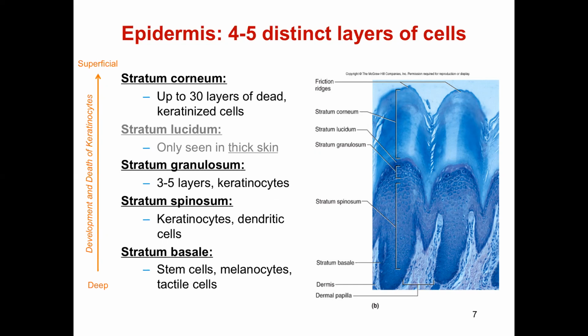And then over the spinosum, the reason they call it spinosum is because you're making keratin, and the keratin can sometimes look sort of granular, and then you've got these dendritic cells which are spiny. So it kind of looks sort of grainy. So that's why they call it the stratum spinosum. Then you have the stratum granulosum.